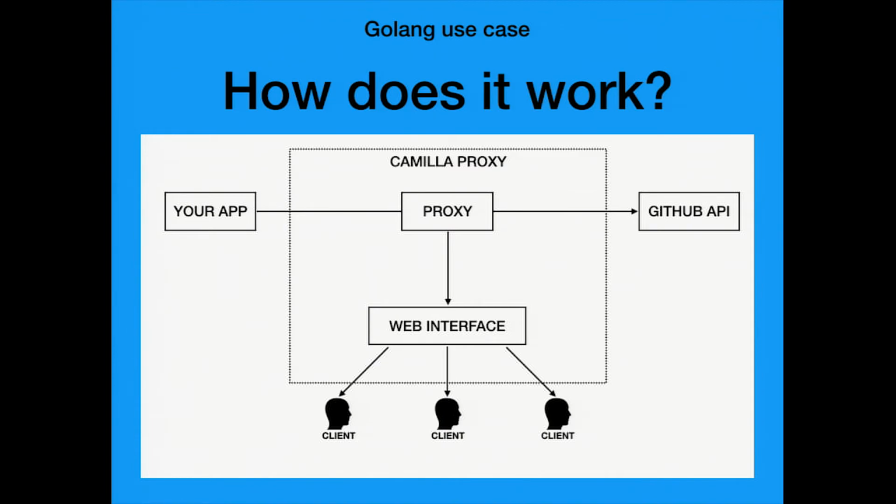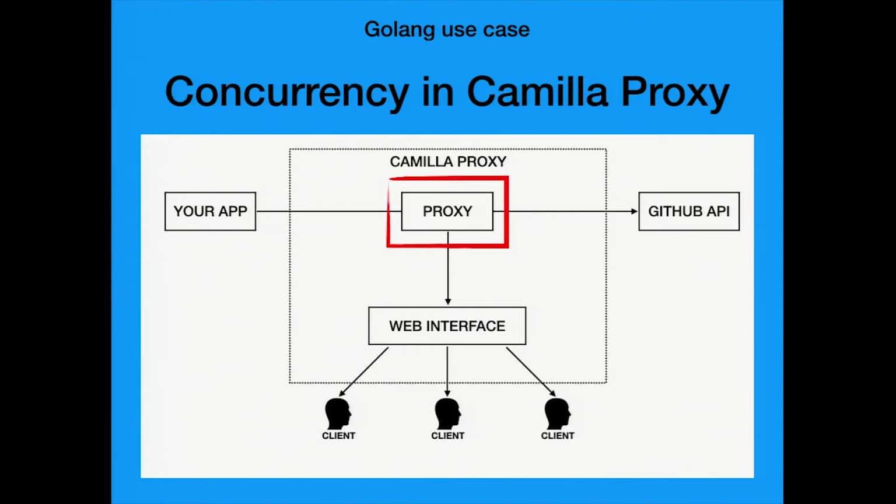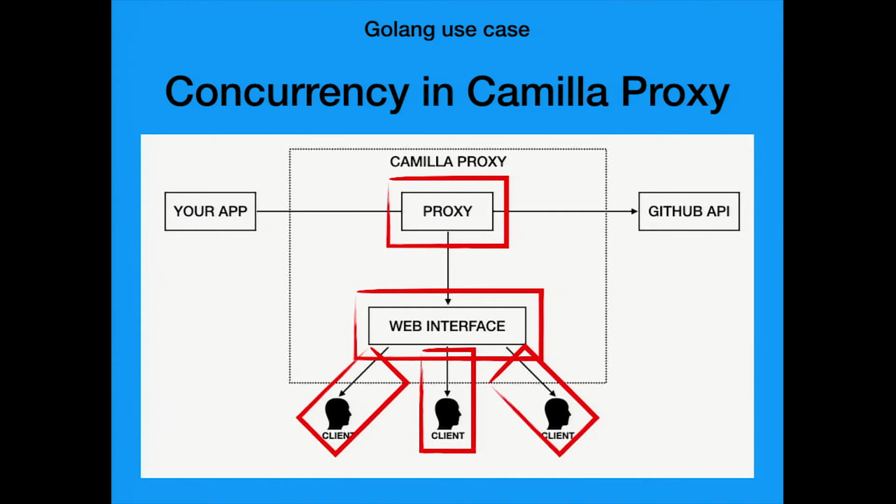Now, if you would have a non-concurrent application, your clients will potentially, especially if there are many, block the proxy. So that's why I use Go routines to isolate. So the proxy is a separate Go routine in this case. Also, the web interface is a separate Go routine, and also each connection to the client is a separate Go routine, not just as a precaution, basically.